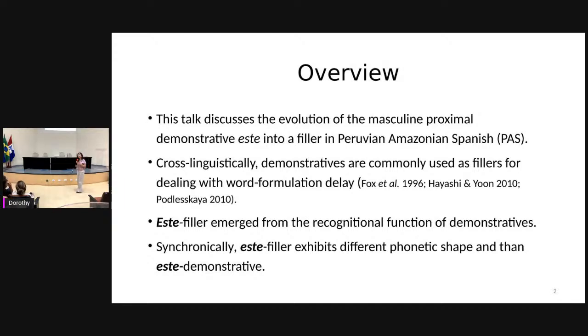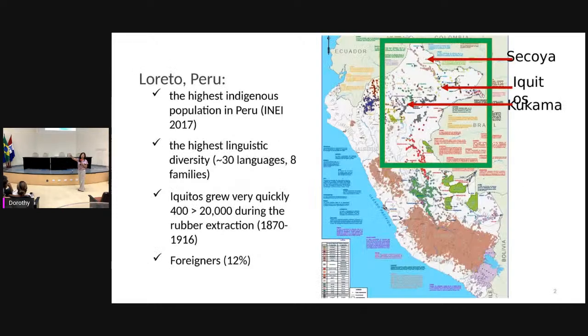And another point that I'm trying to explain here is that if we observe the synchronic distribution of this form in usage, based on corpus data, can we come up with a story for how this morpheme may have emerged? Okay? So that's pretty much the story.